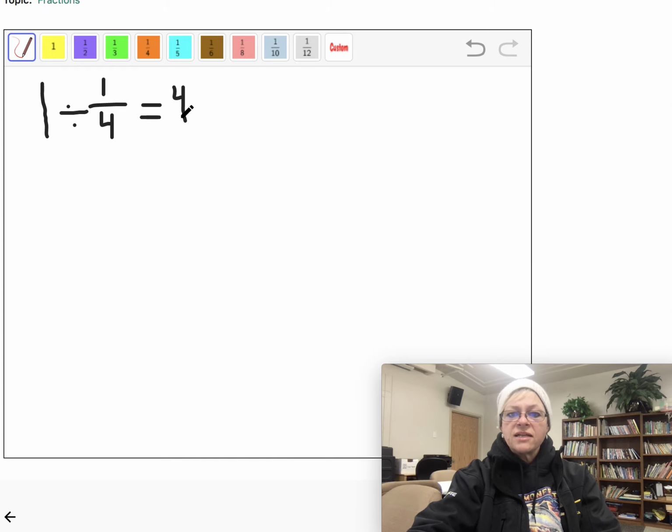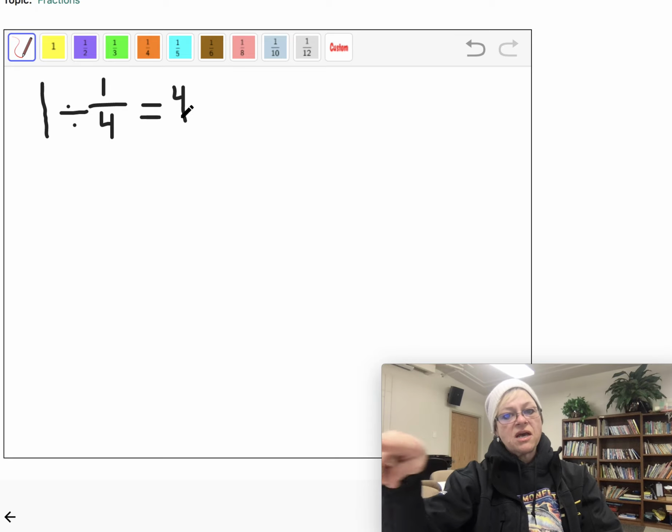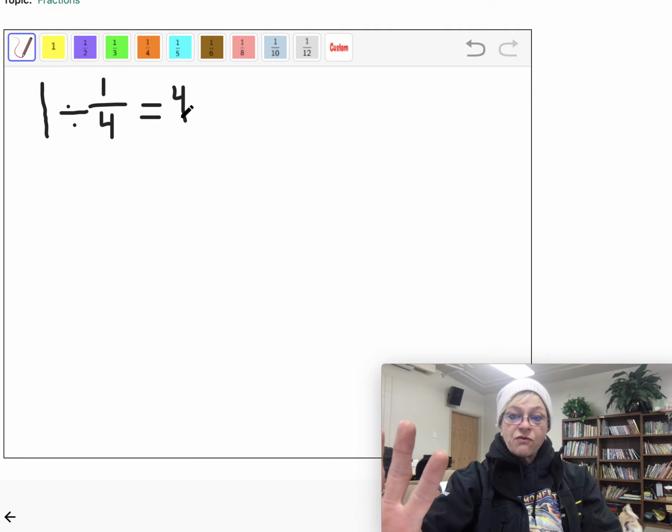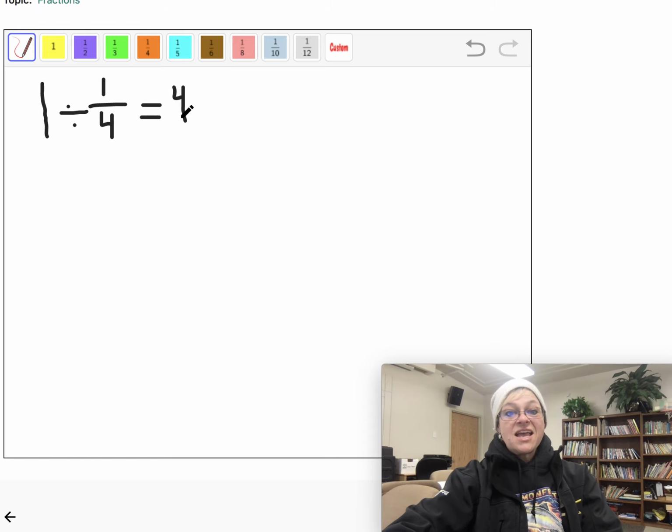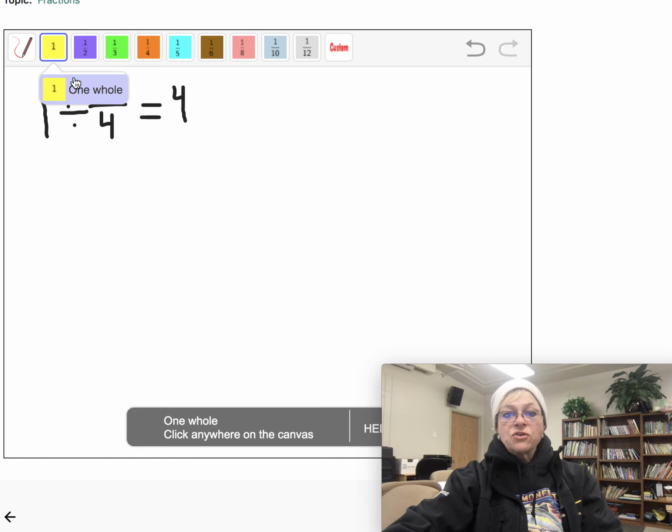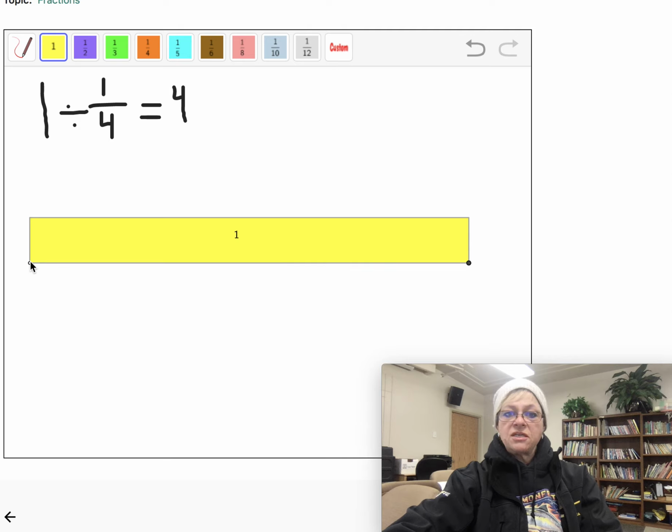So let's see, 1 divided by 1/4 equals 4. How do we know that that's true? Well, let's think about that. If you're thinking that it's because 1/4 fits into one whole exactly 4 times, then you are exactly right. I want to use my virtual fraction strips here to demonstrate how this equation is true.